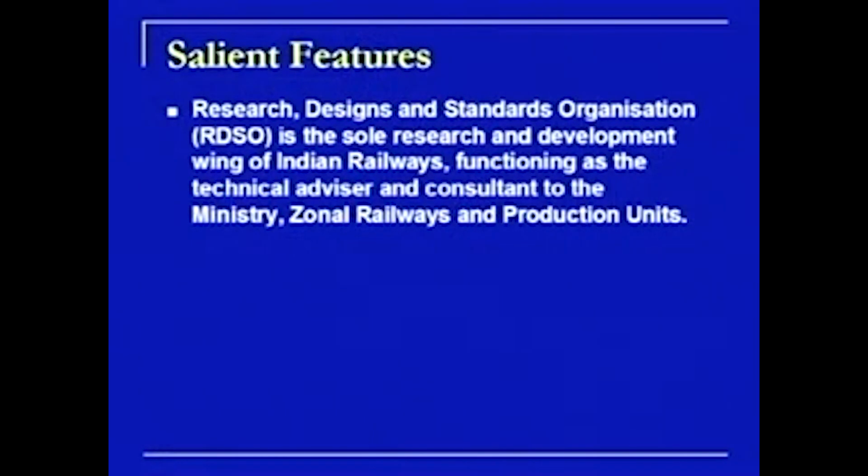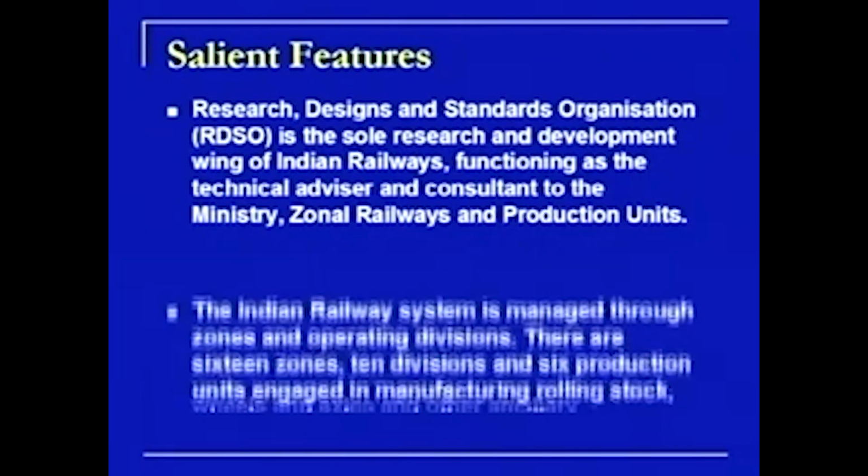Some more features of Indian Railways: they have a research, design and standards organization known as RDSO, which is the sole research and development wing of Indian Railways. It functions as a technical advisor and consultant to the Ministry, Zonal Railways and the production units.